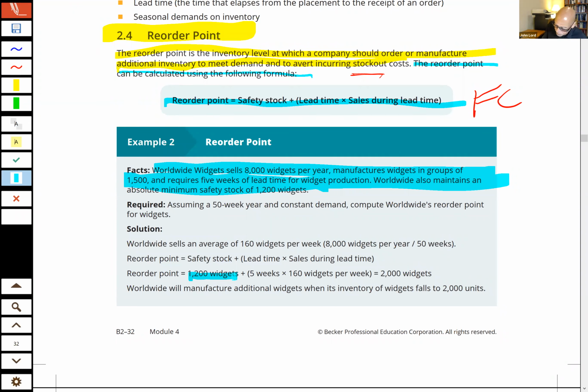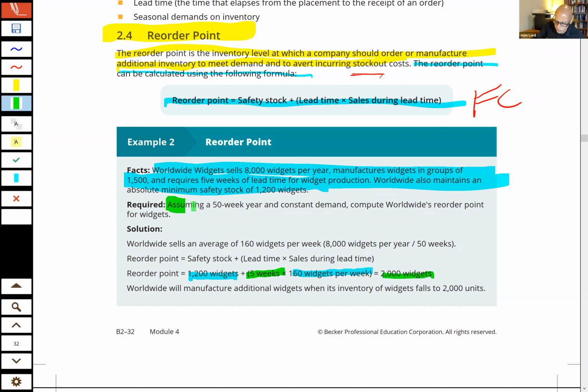And then if we have 160 widgets we produce per week, and it takes us 5 weeks is our lead time that we need to produce those, then once we get down to 2,000 widgets, that's when we'll have to reorder, because we're giving ourselves enough time to build that inventory back up.